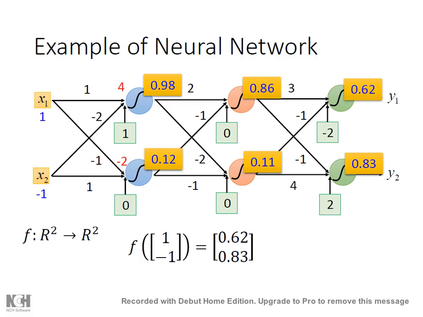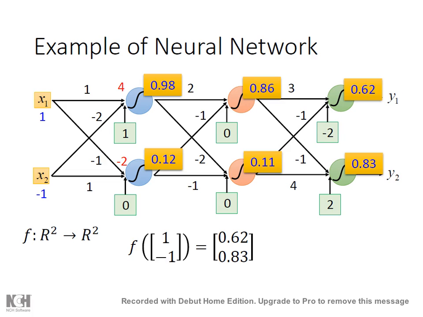So currently, if we use more layers, more hidden layers here, you can model more complicated models in the real world. So that's why we use deep networks.